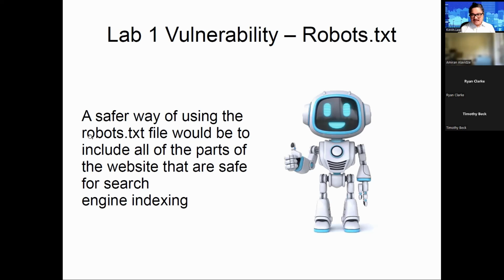So a safer way of using the robots.txt file would be to include all parts of the website that are safe for search engine indexing, instead of supplying a list of potentially sensitive endpoints inside the app that would be disallowed from searching.